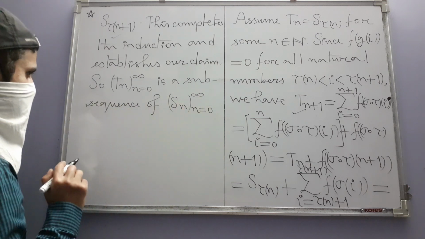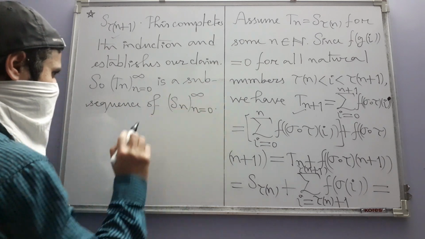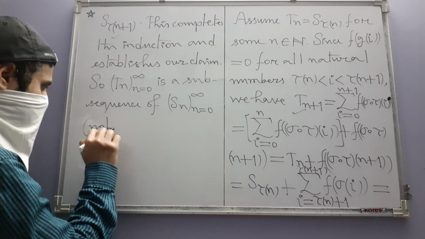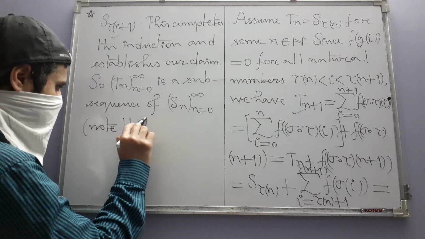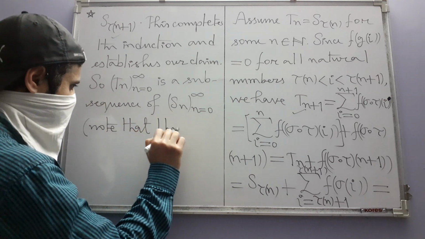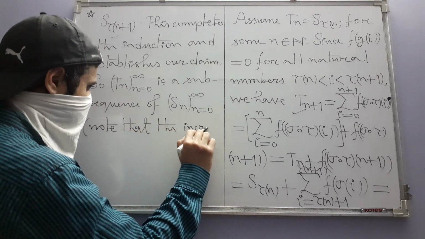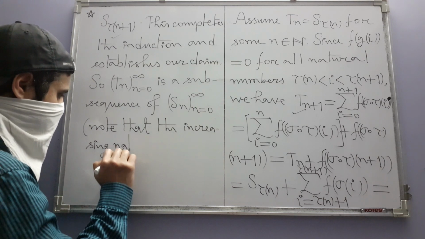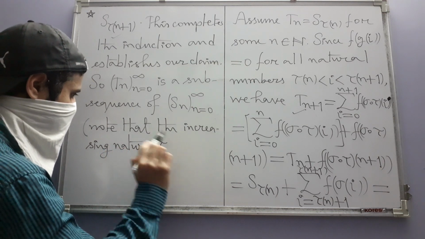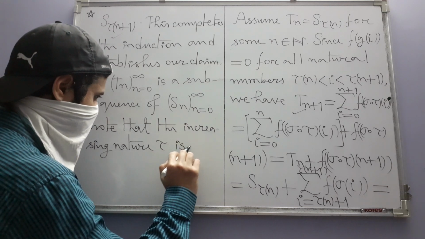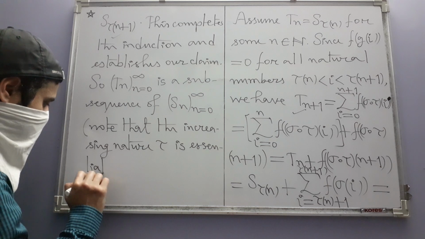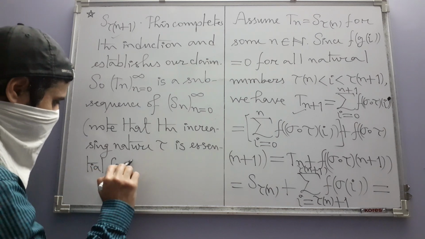So this is a subsequence of this, and in brackets we also write, note that the increasing nature of tau is essential for this conclusion.